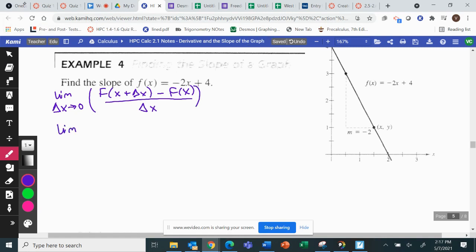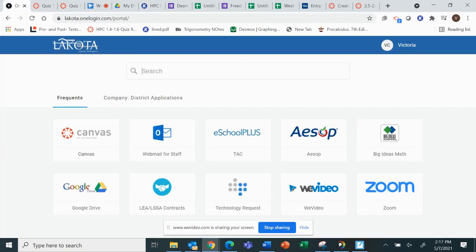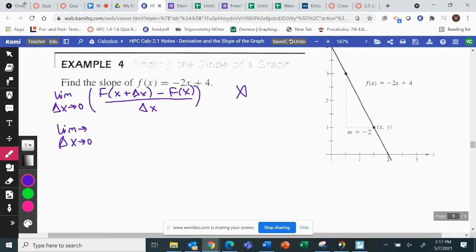So this one is different than the first one because we are doing the entire equation. So when I go to do f of x plus delta x, I'm not going to plug in a number. F of x plus delta x, x is the input. X is the input already, if it's just the equation.